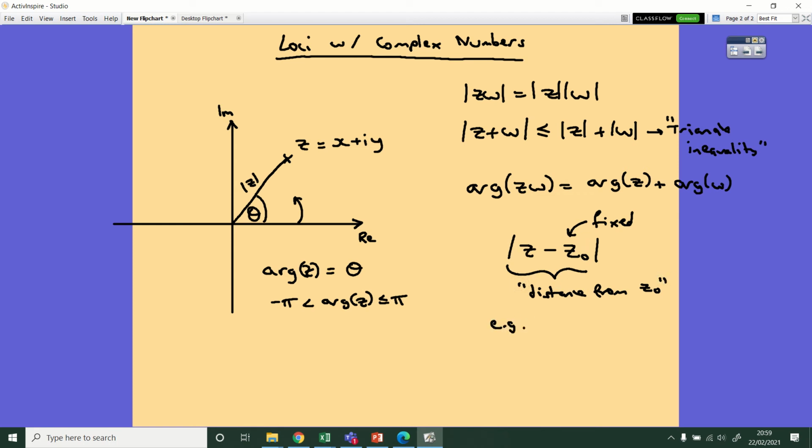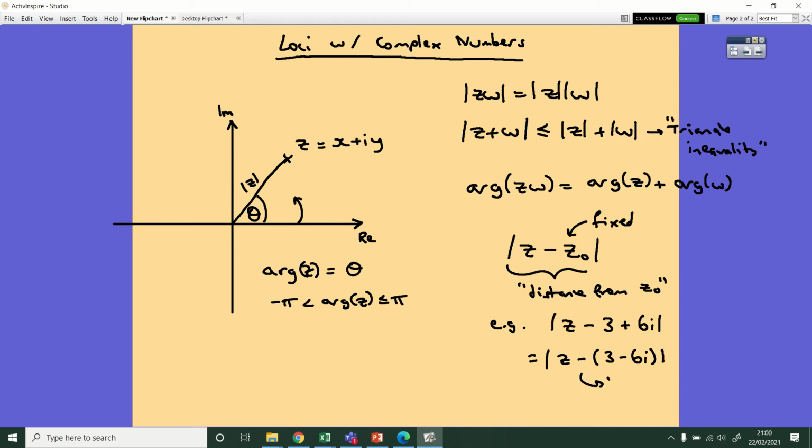But bear in mind what happens with brackets here. If I've got z minus 3 plus 6i, then in order to interpret this correctly, I put a bracket around this complex number and write it as z minus brackets 3 minus 6i, to distribute that negative.